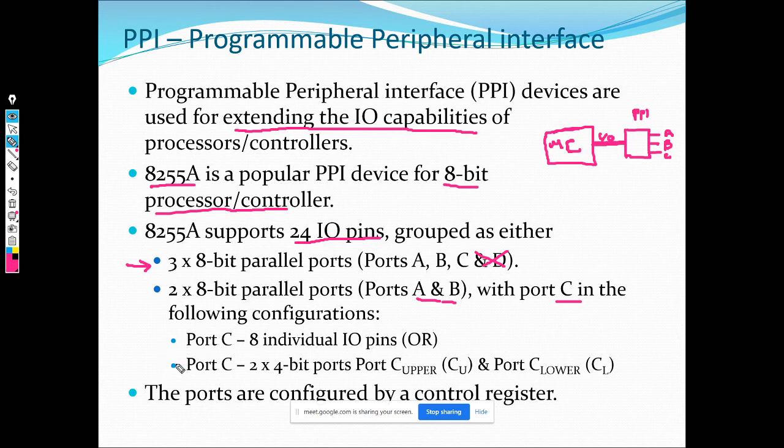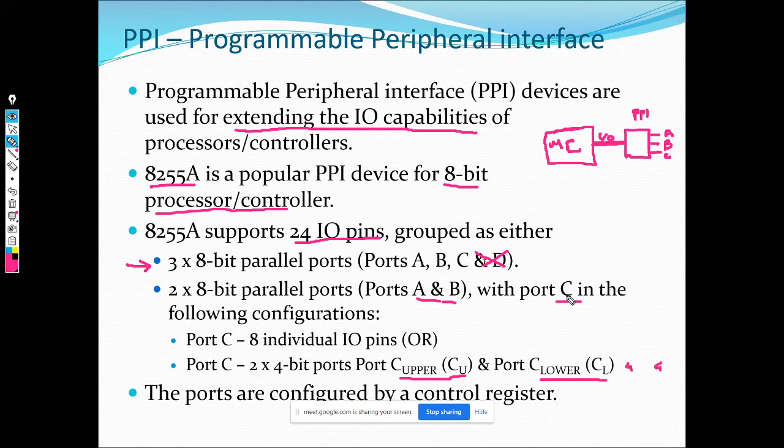The other configuration for port C is it will be treated as 2 4-bit ports. It's called C upper and C lower, CU and CL. So you will treat it as 2 different 4-bit ports, and this configuration is done by a control register.